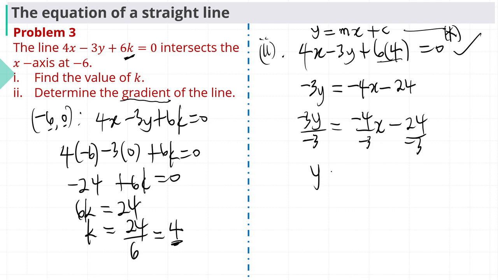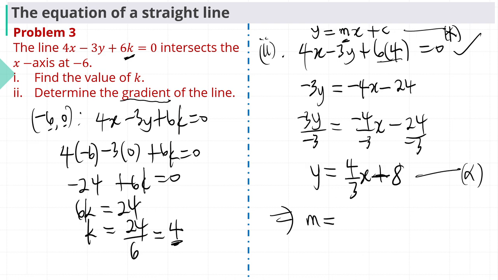So now we get y equals 4 out of 3 s plus 8. So comparing equation star to equation alpha, we see that the value m is equal to the gradient, m is equal to the value 4 out of 3.